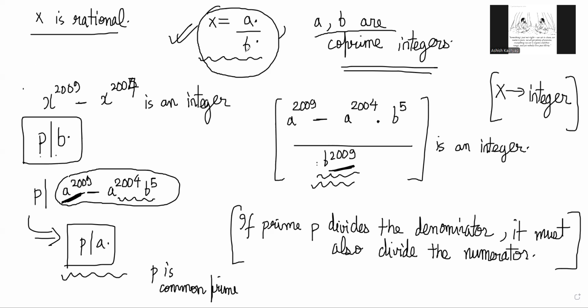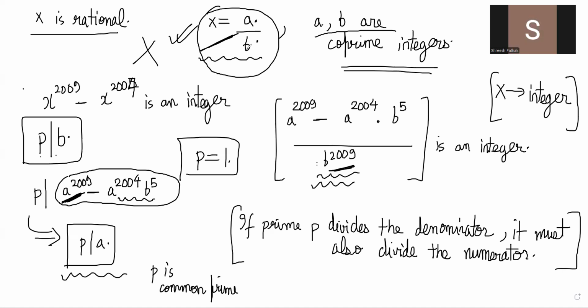Which means the only value of p possible is 1, right? Yes, sir. Which means basically that x cannot be written like this, a by b, where a and b are co-prime. Which means if it was rational and cannot be written like this, that means it's an integer basically. Right.